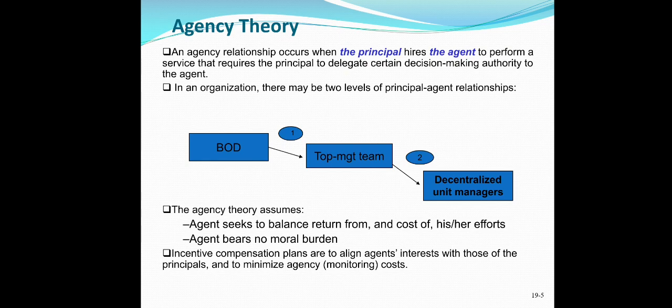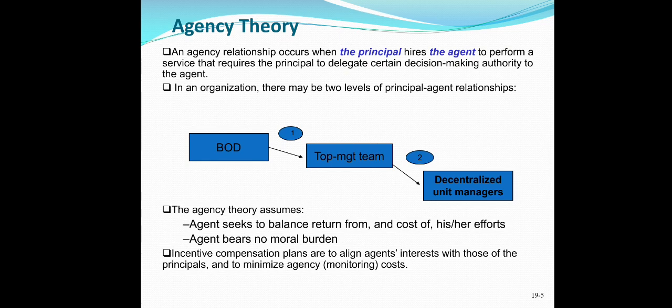So the agent, the top management team, do things according to the return that they can get, or according to the cost that they have to pay. Not that they do things 100% the way the principal wants.